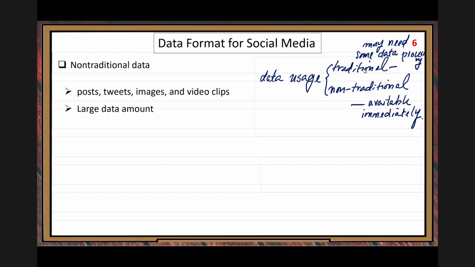There is a large data amount. That means if you need to do some internal data processing, it is too much work. Think about social media data: if you need to do internal data processing, that is a large amount of work.